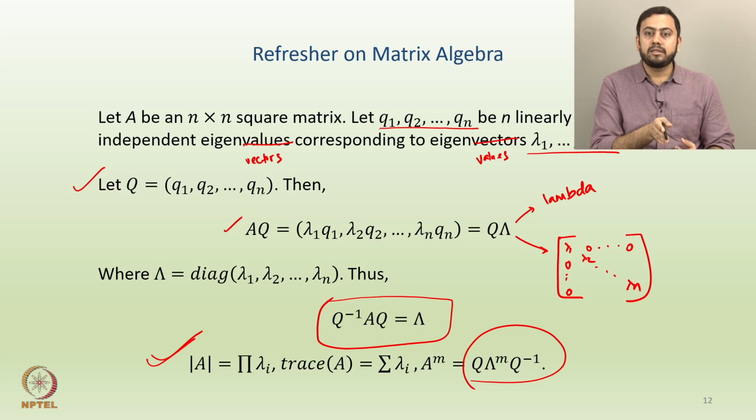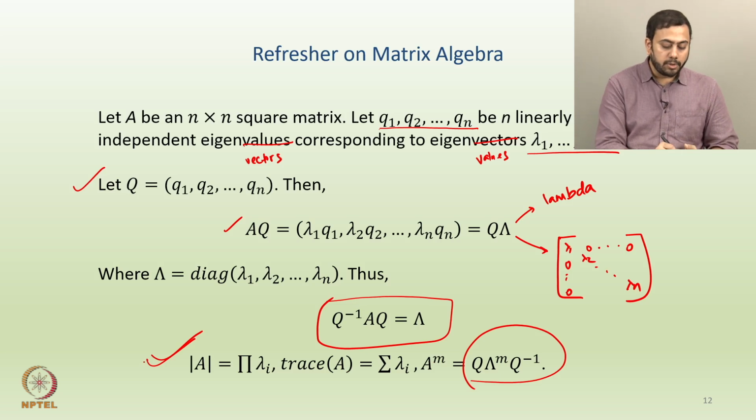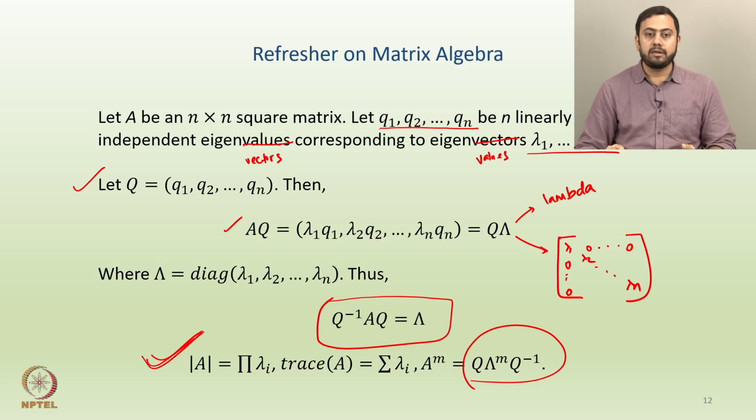That is nothing but Q into lambda, where lambda is a diagonal matrix containing all the eigenvalues, and hence eventually we can focus on the equation Q inverse AQ is equal to lambda, right? And these are some properties that one can prove: determinant equals the product of all the eigenvalues, trace of the matrix equals the summation of all the eigenvalues, and so on, right?